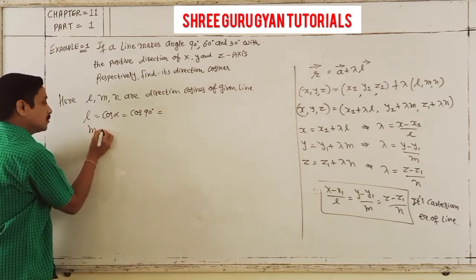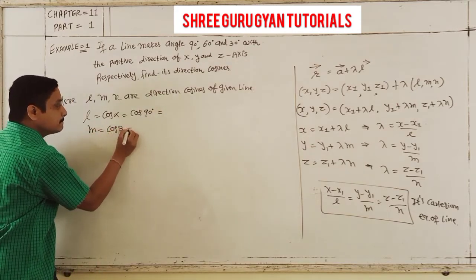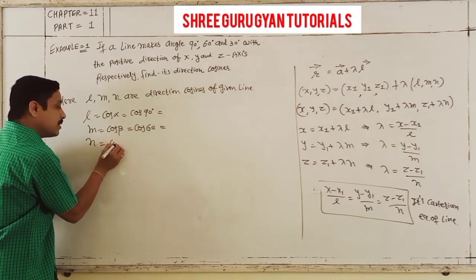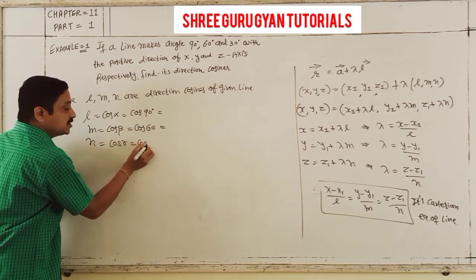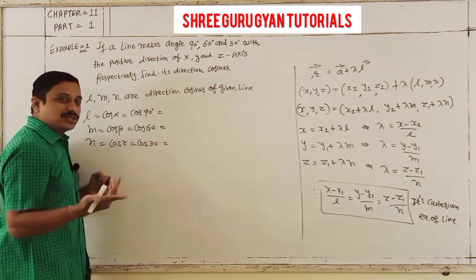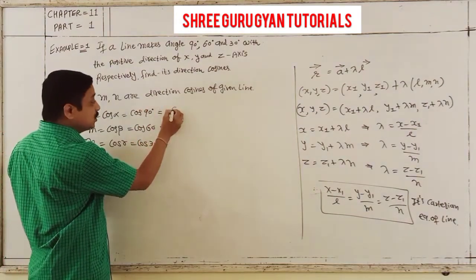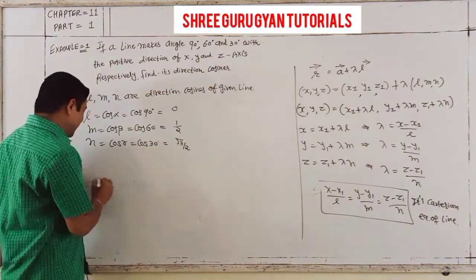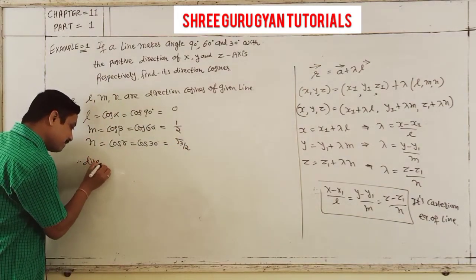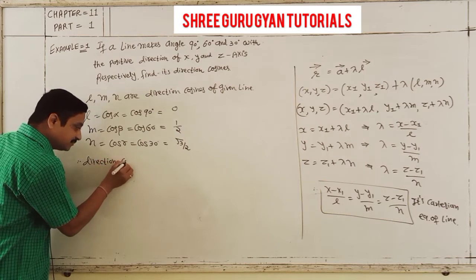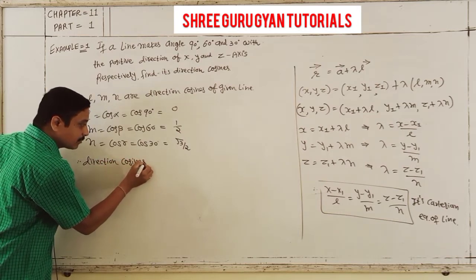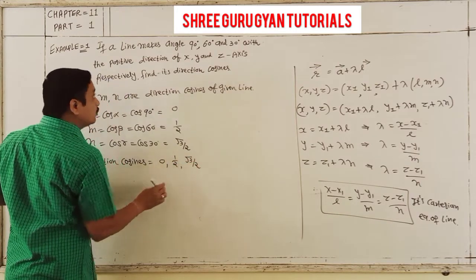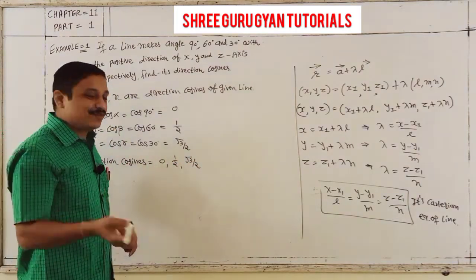Same, m = cos beta, here cos 60 degrees, and n = cos gamma, which is cos 30 degrees. All values you know: cos 90 is 0, 1/2 and root 3 by 2, and that's your direction cosines: 0, 1/2 and root 3 by 2. Here your first example is over.